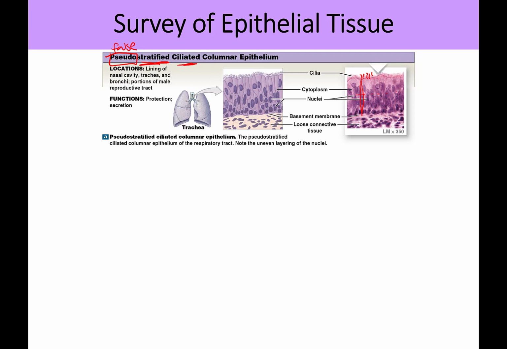One special cell in this type of tissue is called mucus cells. What do you think mucus cells secrete? Mucus. Right? So mucus cells secrete mucus, and mucus would trap any bad stuff that you don't want for your body.